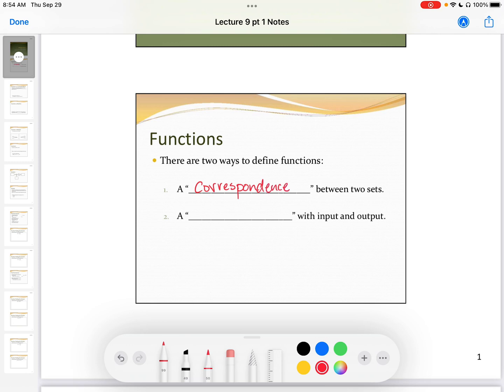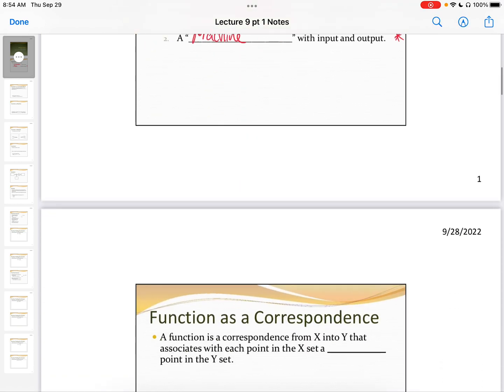Or you can define a function as a machine with an input and an output. Honestly, either one of these will work. I have always used the machine definition, but for some of you guys, the correspondence definition makes more sense. So you truly get to pick. You do not have to know both of them.